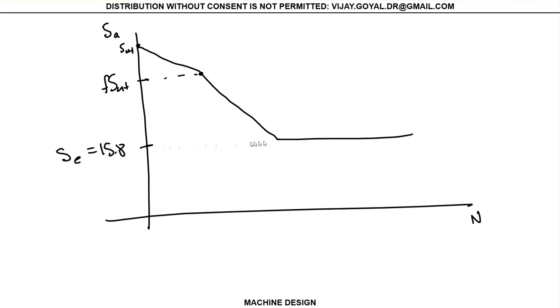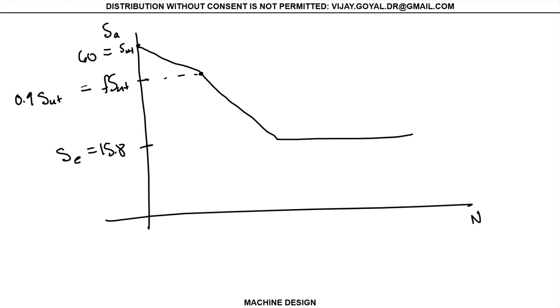We found that value in this problem, and you can find it using your Matlab code, or using the criteria I gave you in the lecture notes. This is 0.9 for this example, times SUT, that was equal to 60.